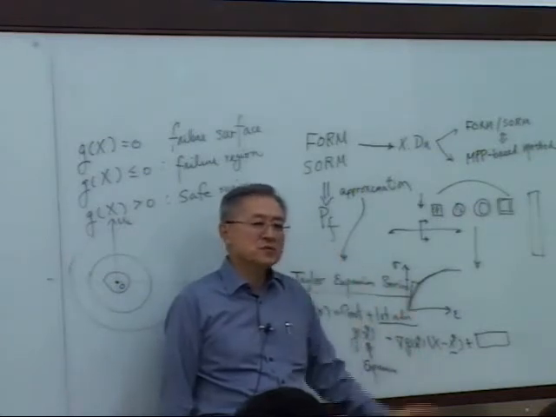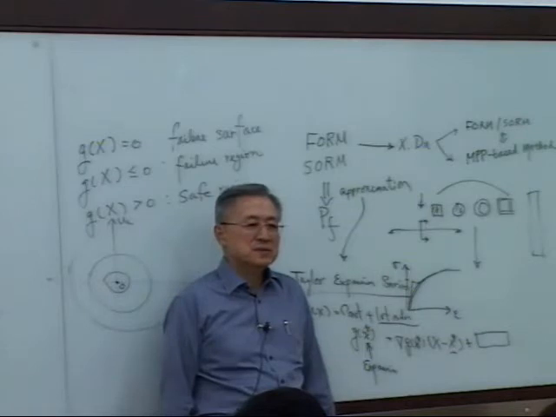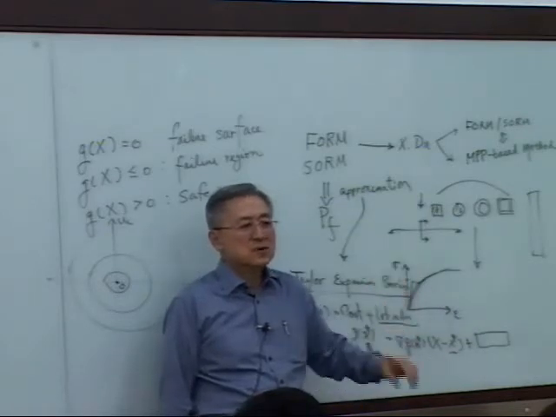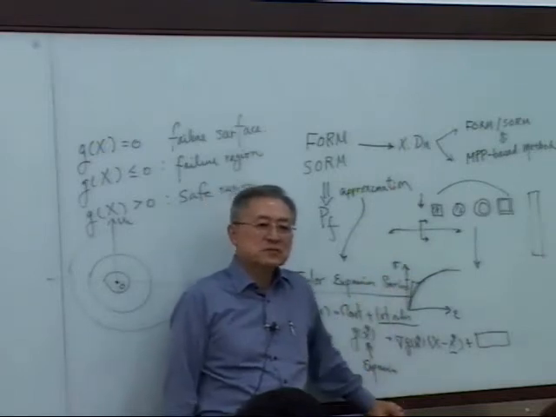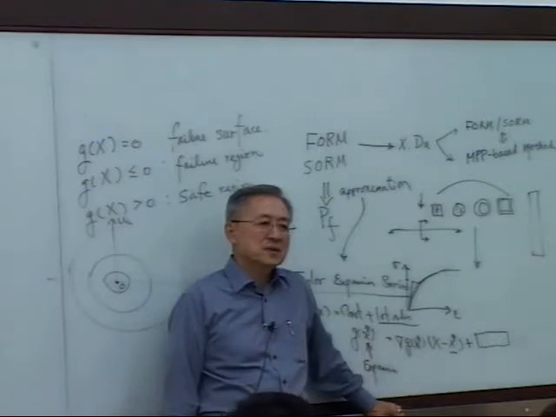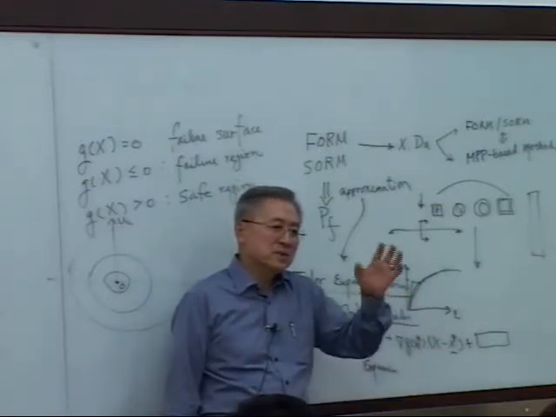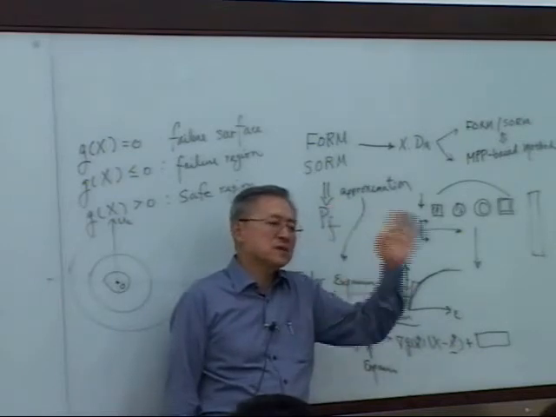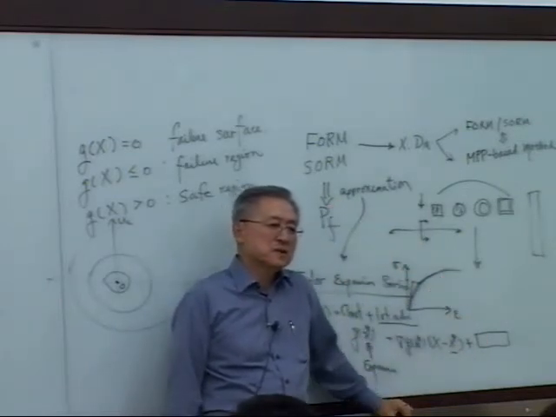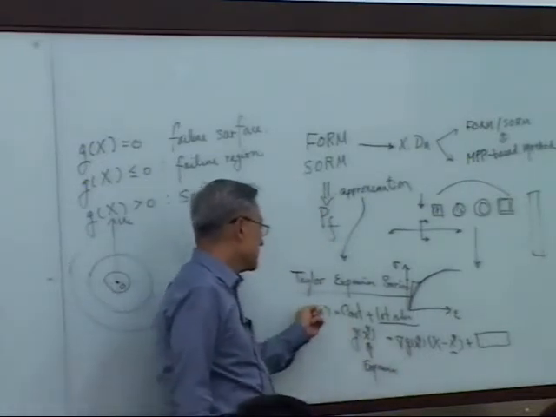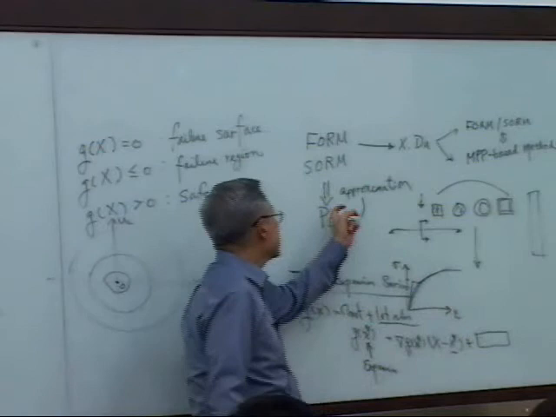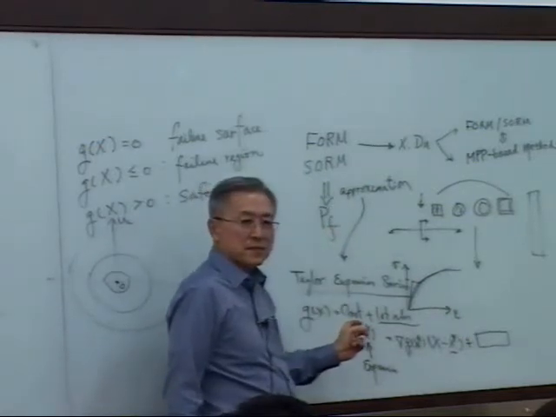Without the third term, the numerical result is quite different from the actual physical behavior. So the first order and the second order, that's what we do.